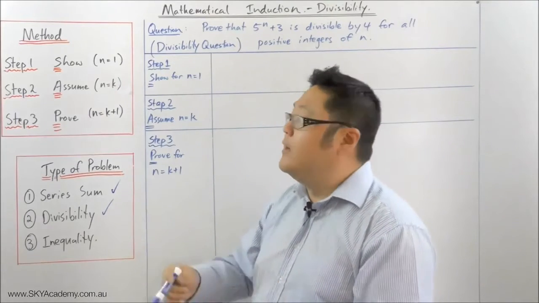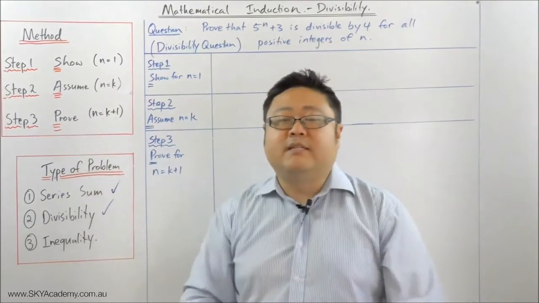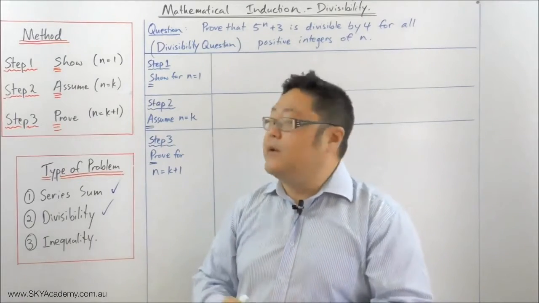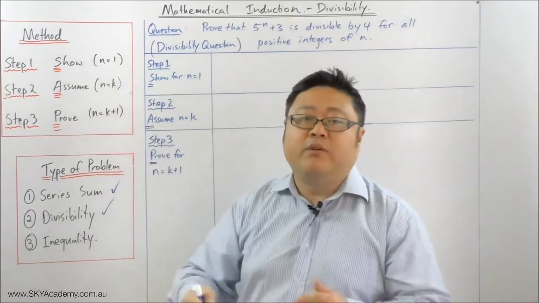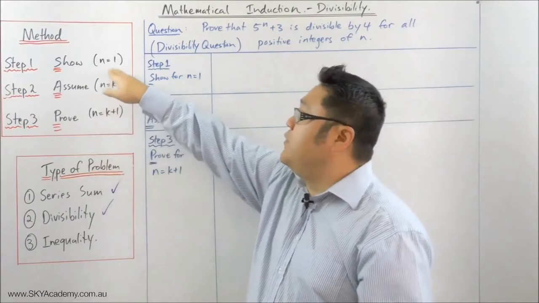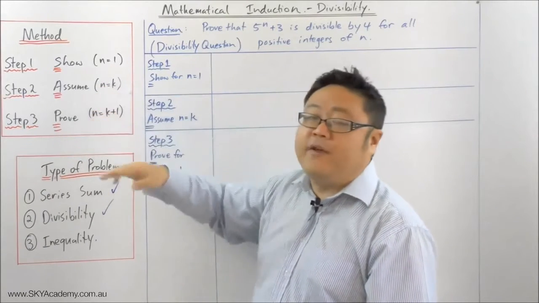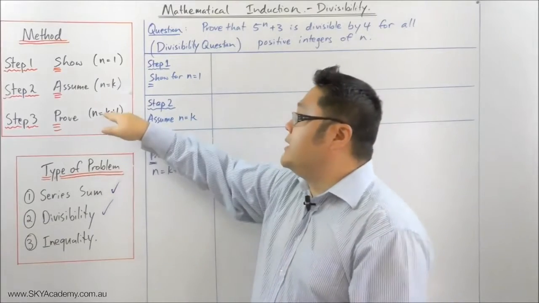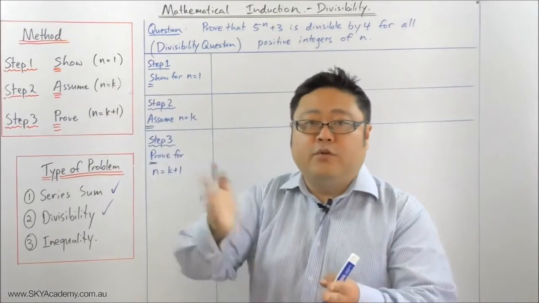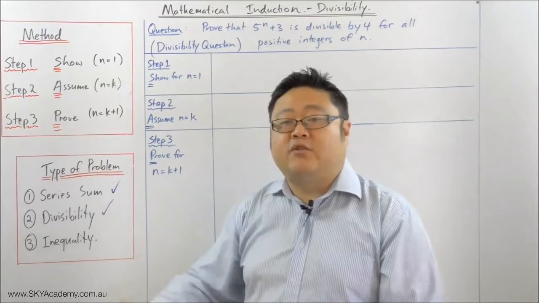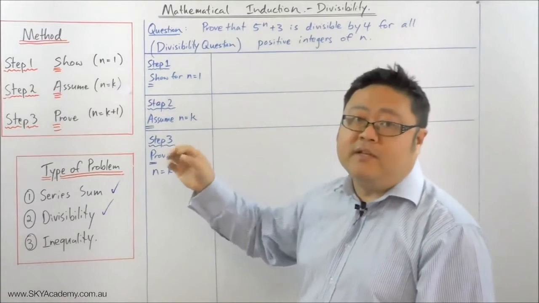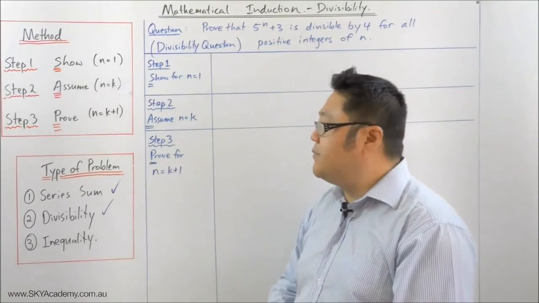The third step is then to prove that it's true for n is equal to k plus 1, which is the next term. If it's true for 1, for n is equal to k, and for n is equal to k plus 1, then it's also true for 2, 3, 4, 5, 6, etc., all positive integers n. Does that make sense?